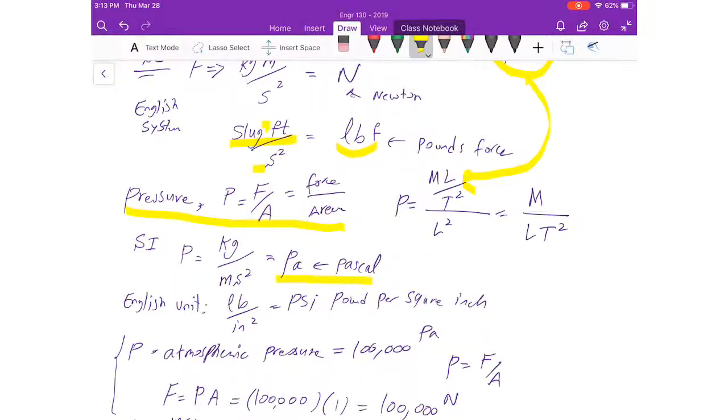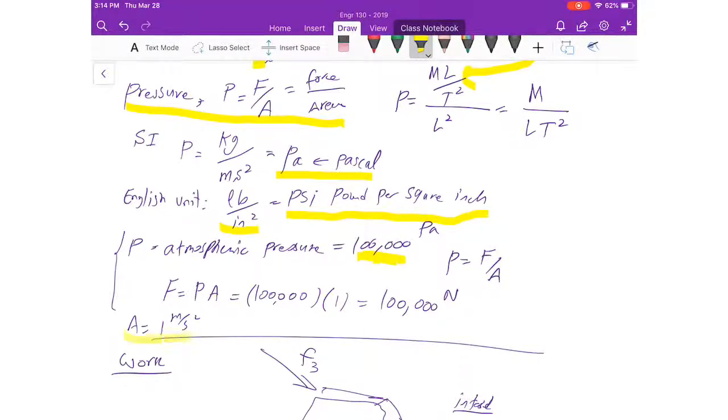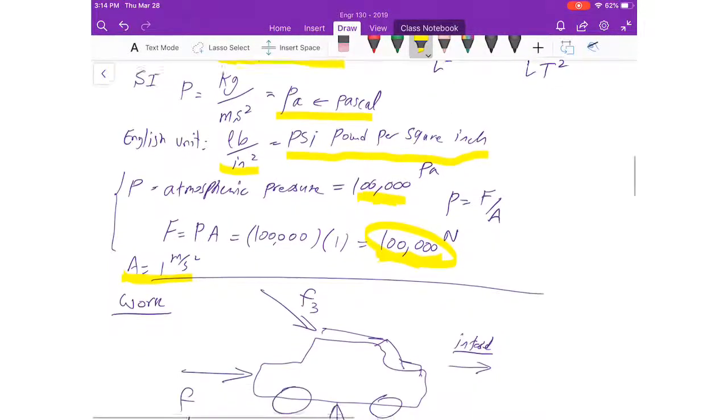In the English system, it is pound per inch square, which we call PSI, pound per square inch. Atmospheric pressure is about 100,000 Pascal. This is just a brief example of the pressure under which we are living. If you do the calculation on 1 square meter of an object, the force will be about 100,000 Newton. So we are under almost 100,000 Newton of force for every square meter.